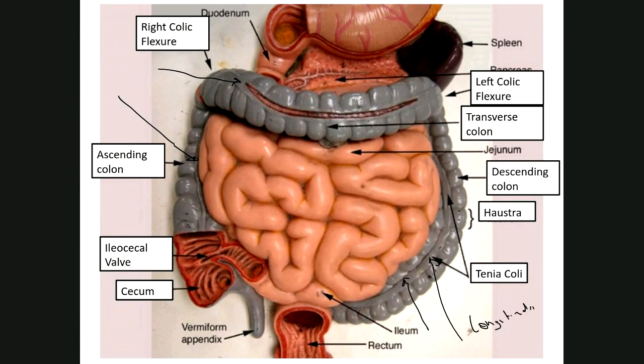They're called teniae coli. So the teniae coli are the longitudinal layer of the muscularis externa. And they tense, or they have tone to them. And what they do is they pull puckers into the large intestine. And again, those are called haustra.